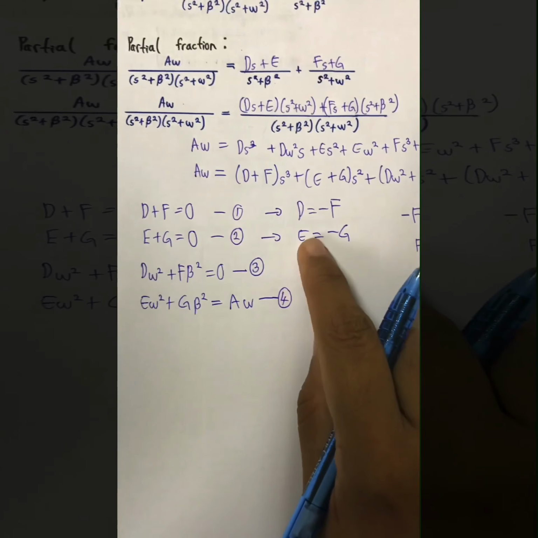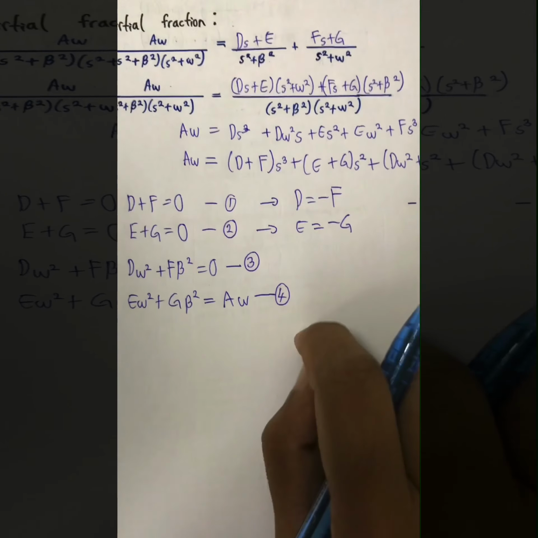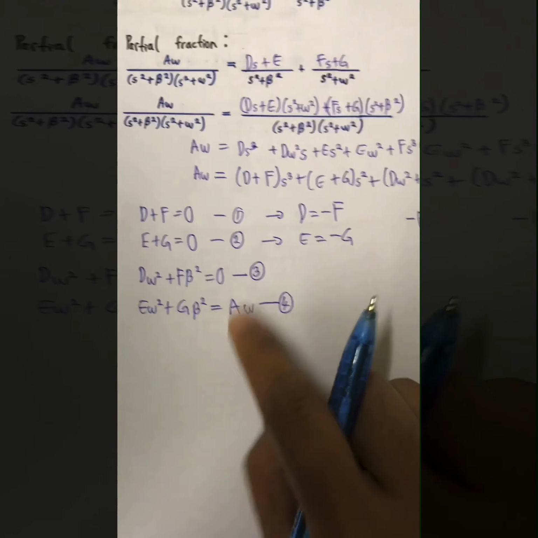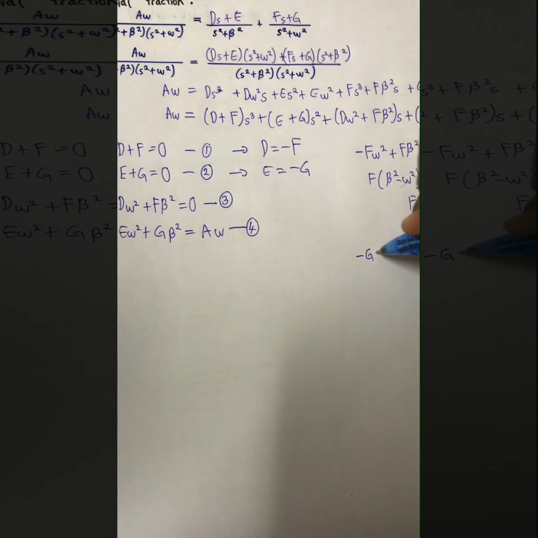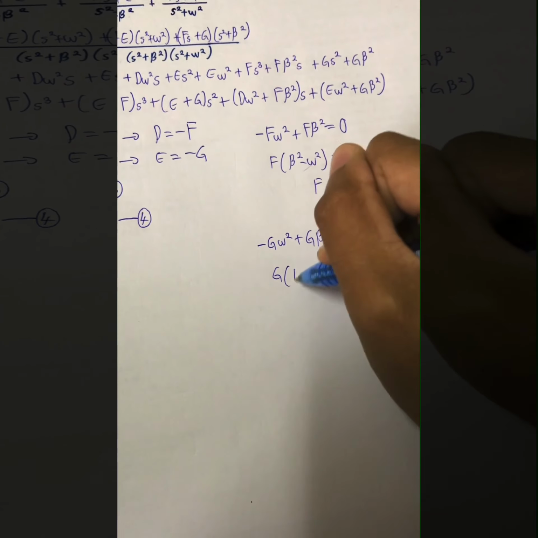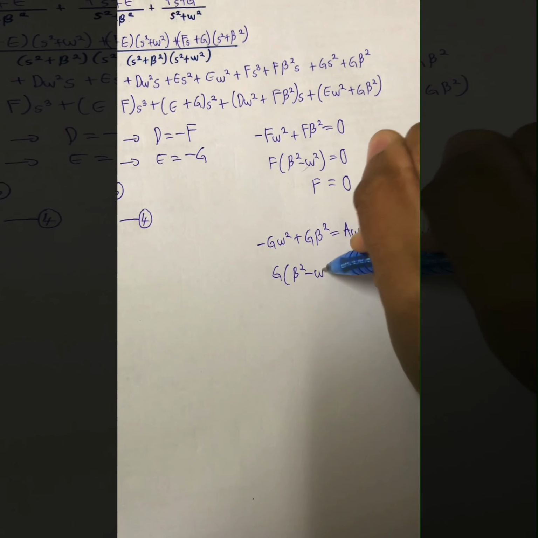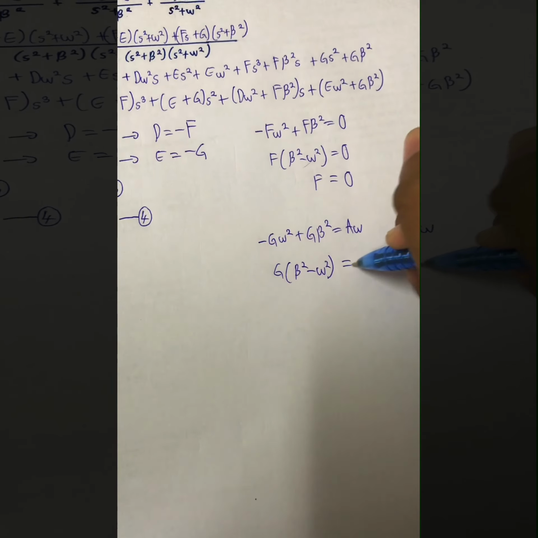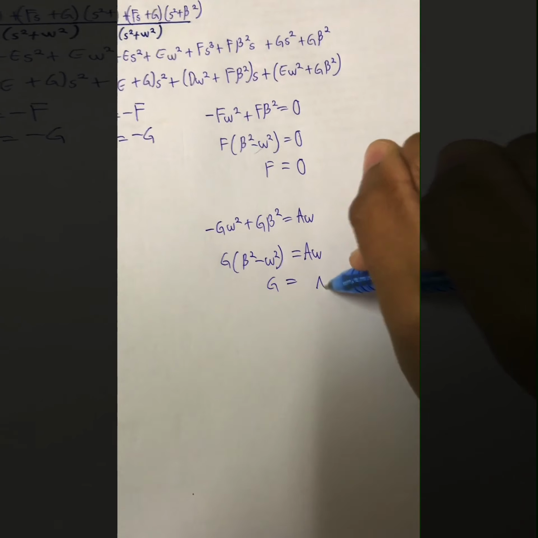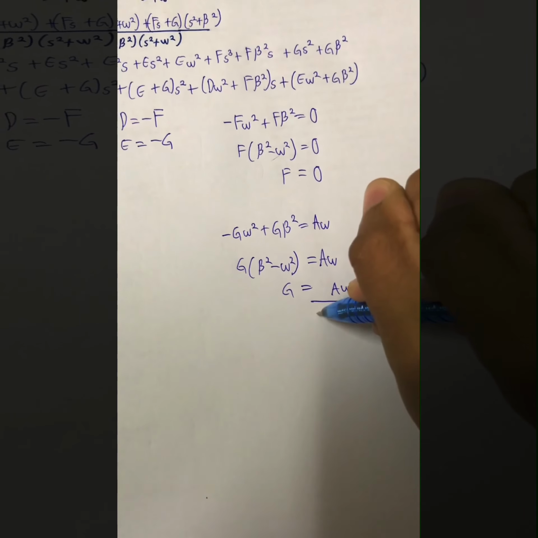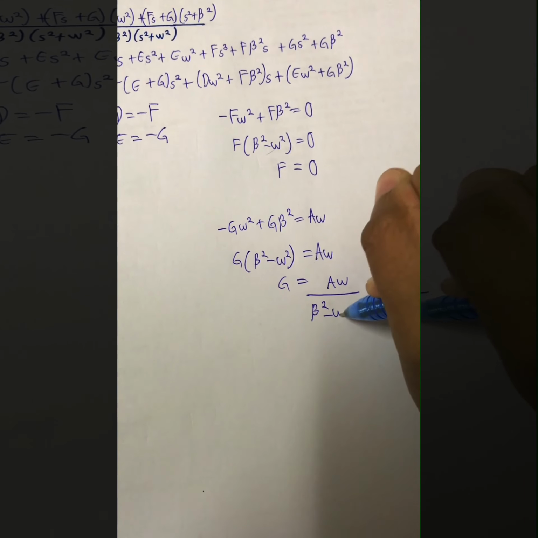Then the next step, we substitute e equal to minus g into the fourth equation. So we get minus g omega square plus g beta square equal to alpha omega, and we factor out g, we get g times (beta square minus omega square) equal to alpha omega, and then our g becomes alpha omega over beta square minus omega square.